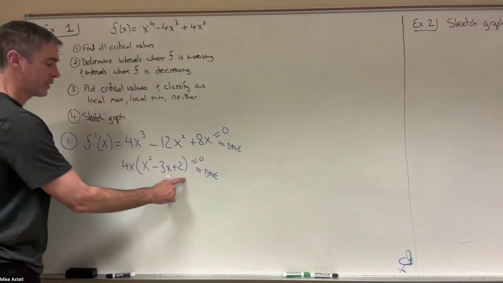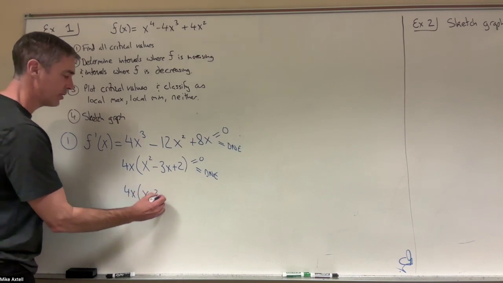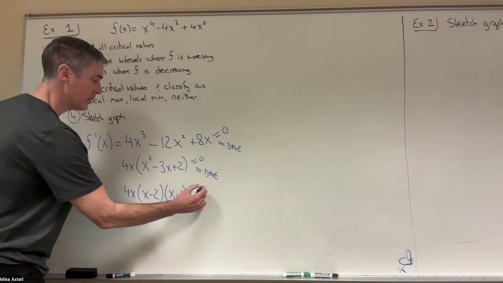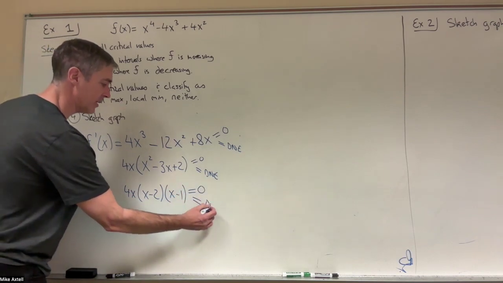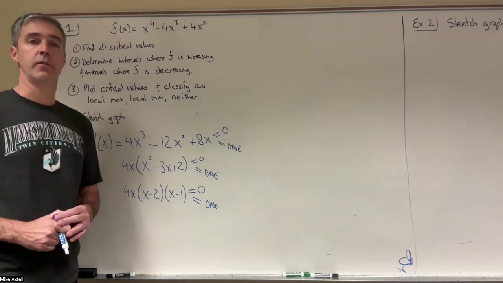And then x squared minus 3x plus 2 also factors. So I think I get an x minus 2 and an x minus 1 equals 0 and equals does not exist, okay?